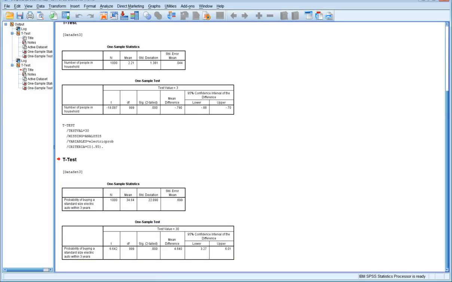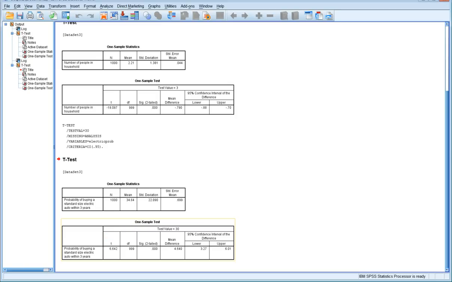In our one sample t-test table, we see that the value to which the population mean was compared is 30. The significance level is less than 0.05, which rejects the null hypothesis for the population mean being equal to 30. So with this result, we are 95% sure that the population mean for this proportion is significantly different from 30.